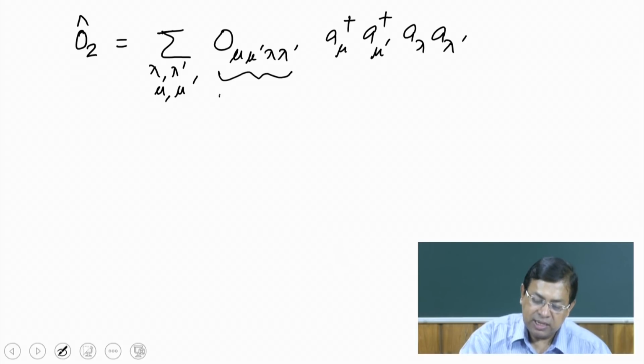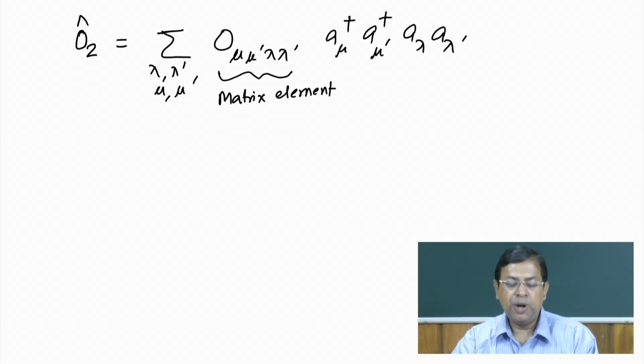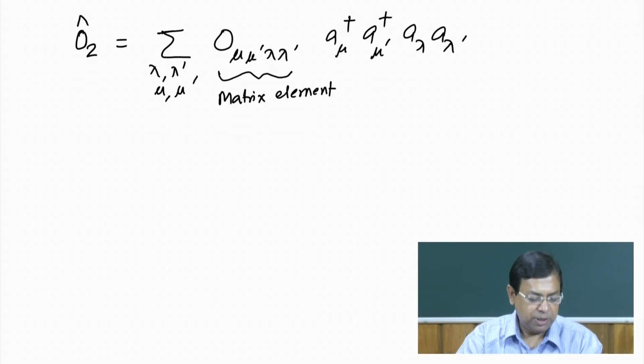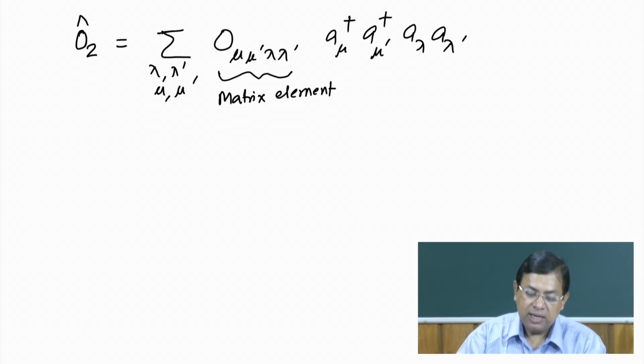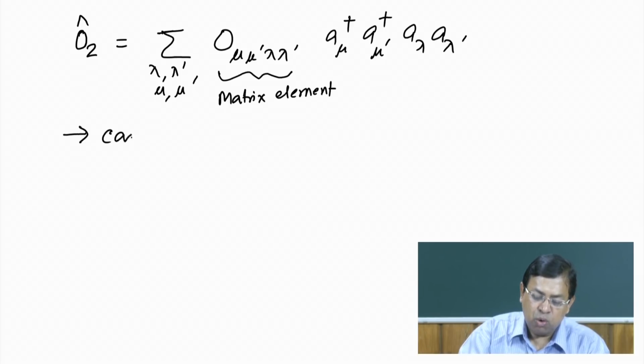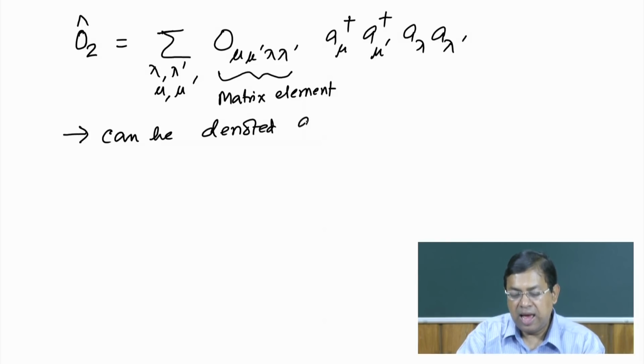So, this is the matrix element of the two body operator in the mu mu prime and lambda lambda prime states, and these are the corresponding creation and annihilation operators. It could happen that mu equals mu prime, or mu equals lambda and mu prime equals lambda prime, all that can happen, but in principle this can be denoted as a scattering event.